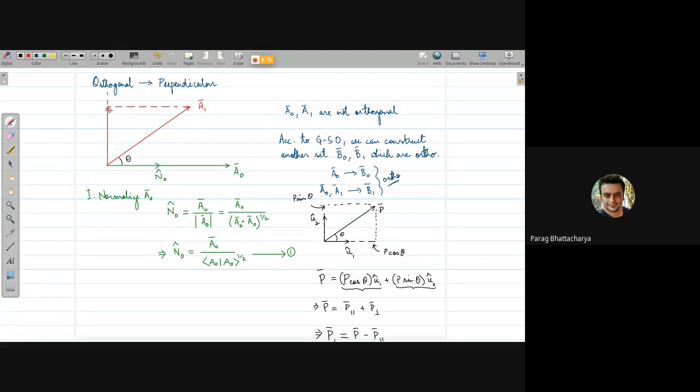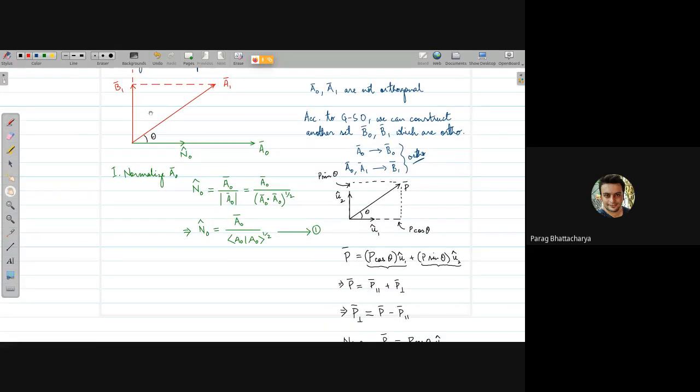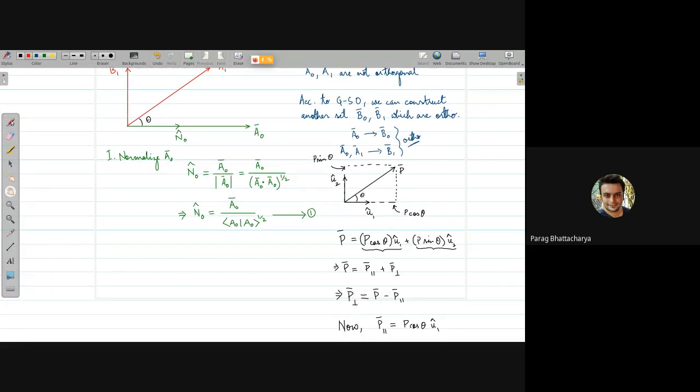So this perpendicular component of a1, let's call it b1, just to keep things more systematic. So what is b1? Next, obtain the perpendicular component of a1, that is b1.